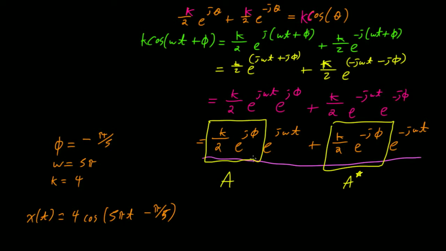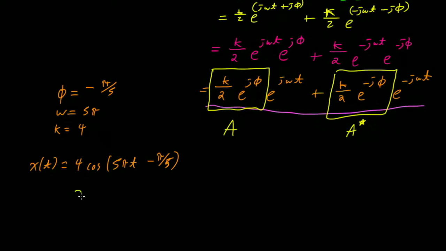So now, after I went through all of that algebra, I can just go ahead and rewrite x of t as my sum of complex exponentials. k over 2, so 4 over 2, that would be 2, times e to the j phase, so e to the minus j pi over 5, times e to the j omega t, omega is 5 pi, e to the j 5 pi t, plus k over 2 again, which is 2, e to the minus j phase.